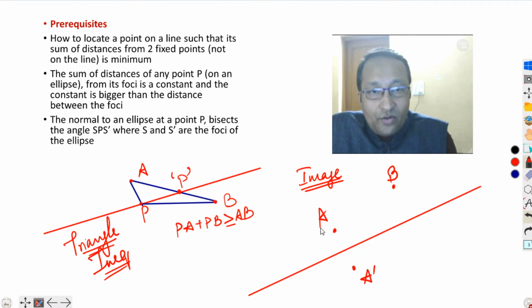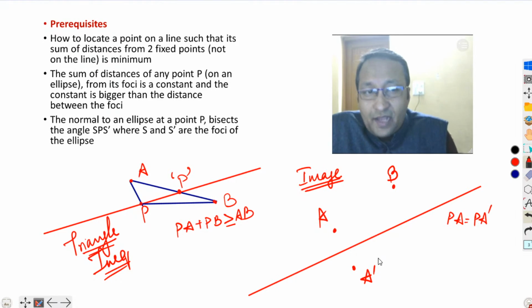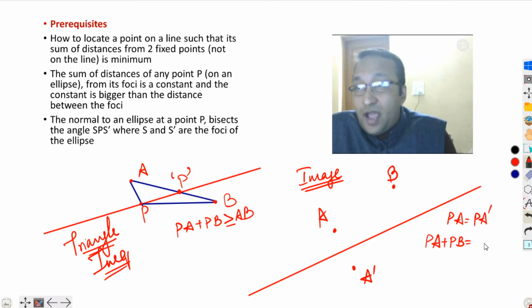So if I look at A and A dash as mirror images of each other, I can comfortably say that whatever is PA is also PA dash. That would mean finding PA plus PB minimum is as good as finding PA dash plus PB as minimum.